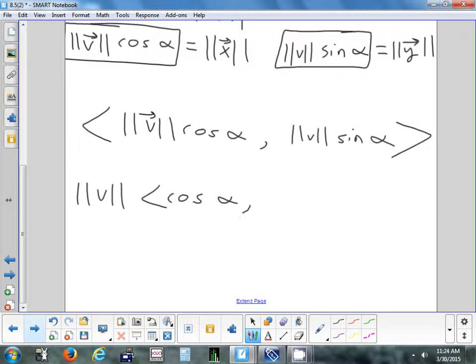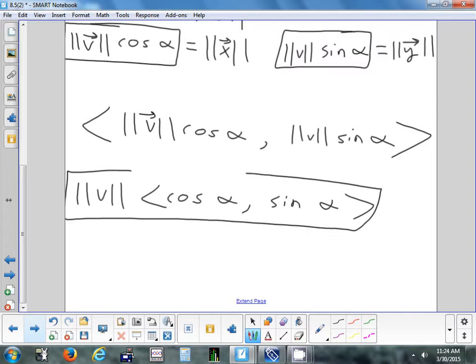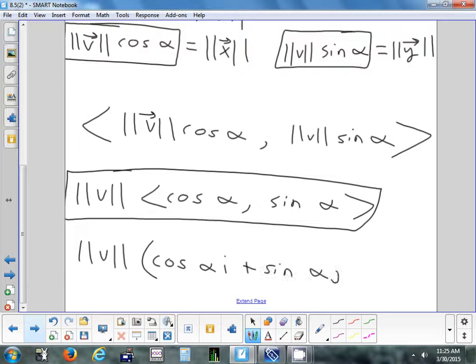Cosine alpha, sine alpha. Okay, so this is one way to write a velocity vector. Or you can write it with i and j. You still leave the magnitude factored out in front, except this becomes cosine alpha i, that's the horizontal, and sine of alpha j, that's the vertical.